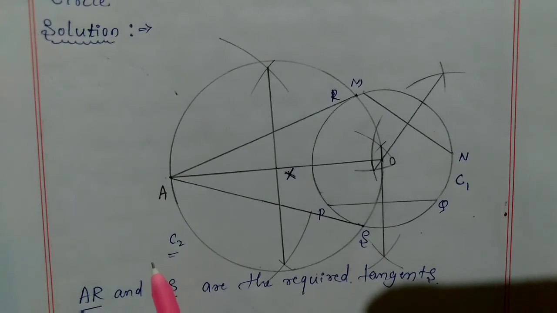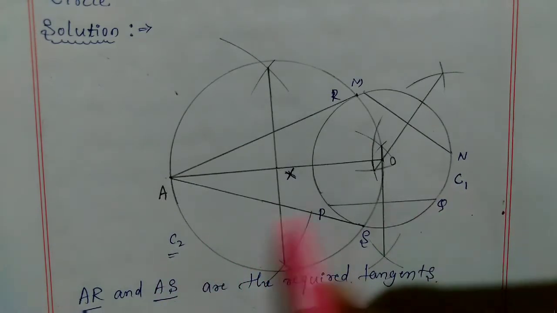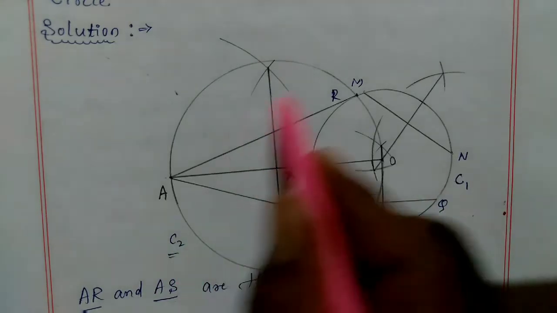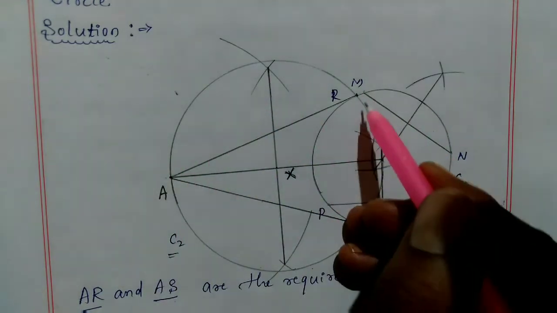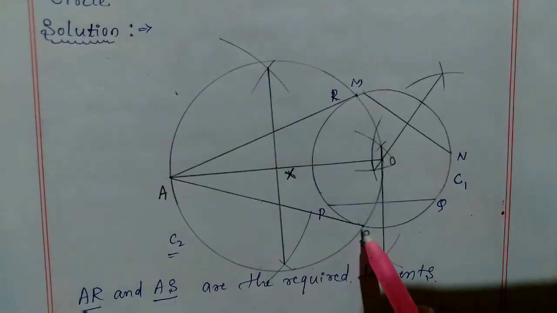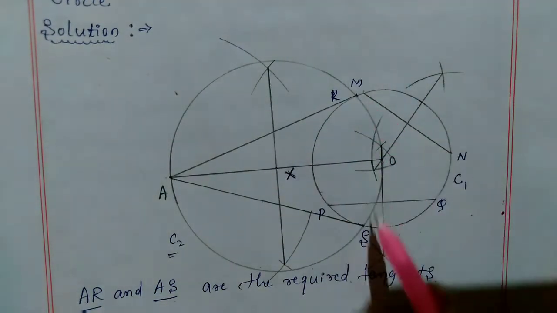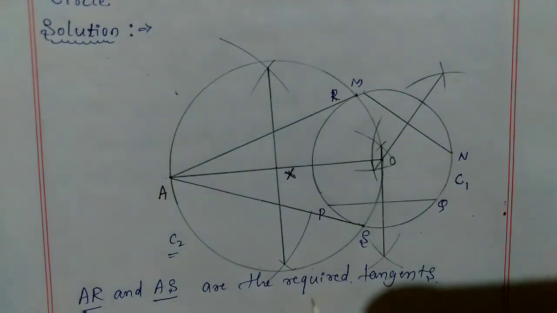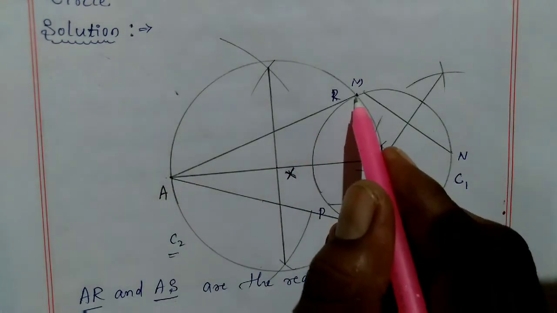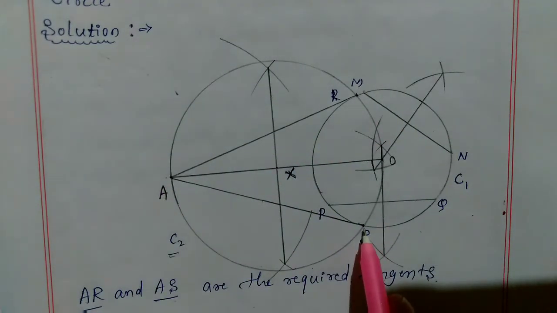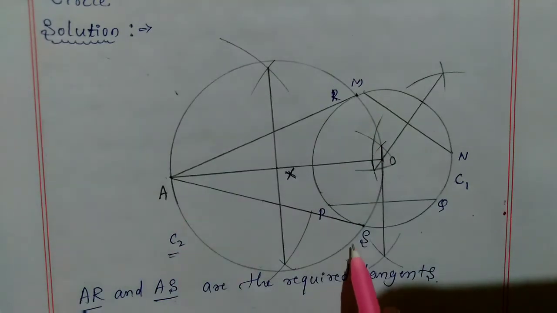Next check where C1 and C2 intersect: these two circles intersect at R and S. Next you can join AR and AS. These two are the required tangents.